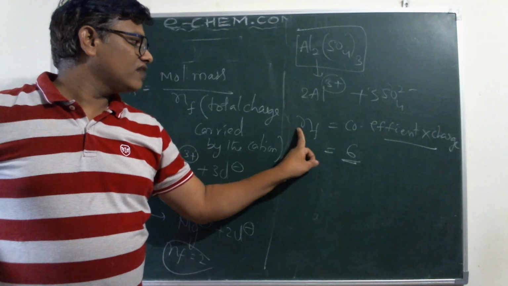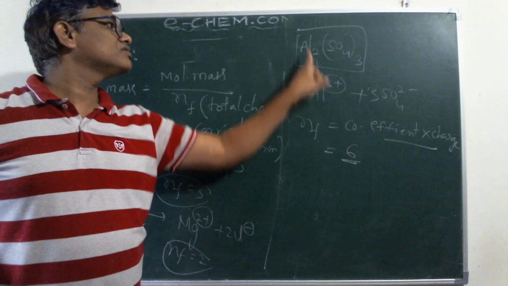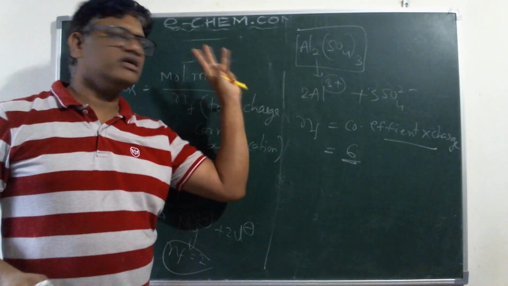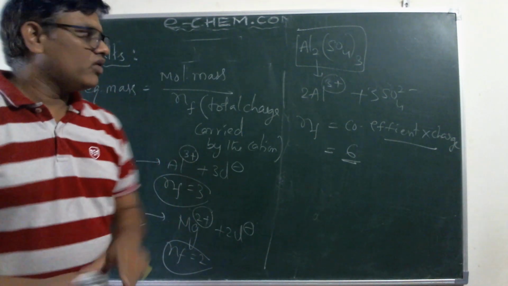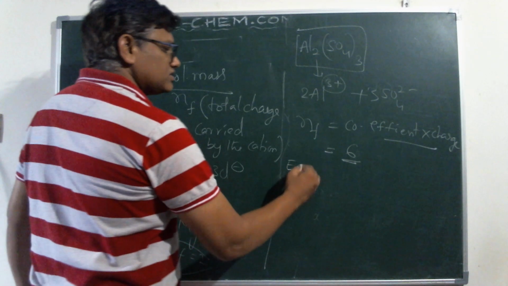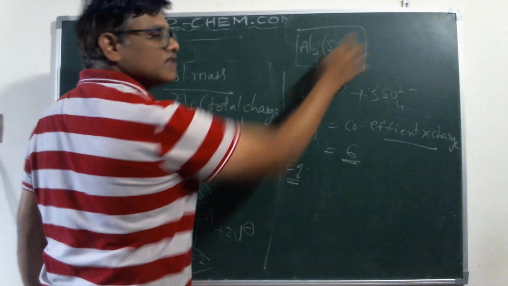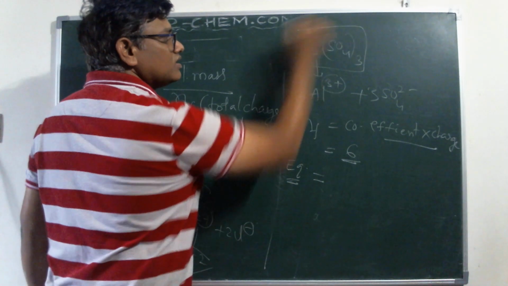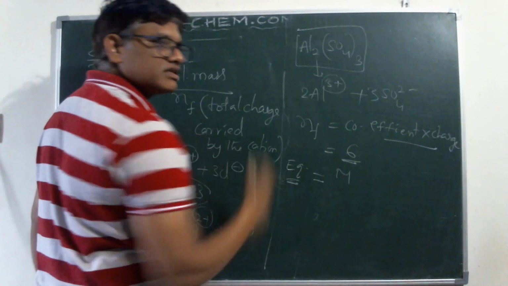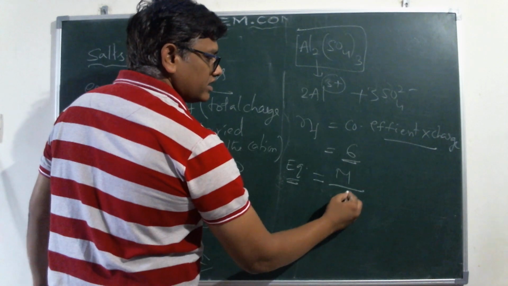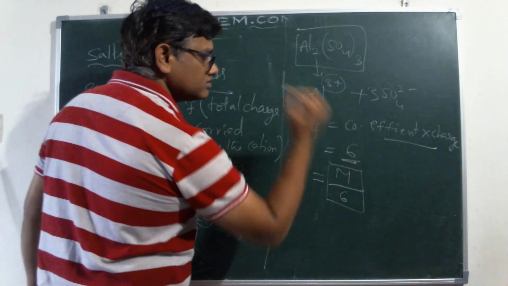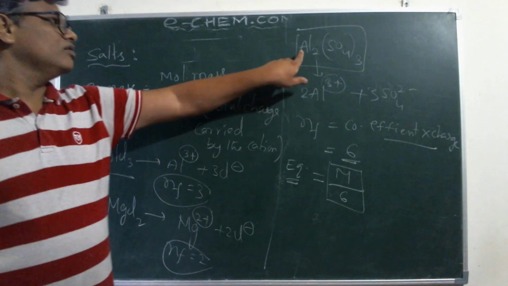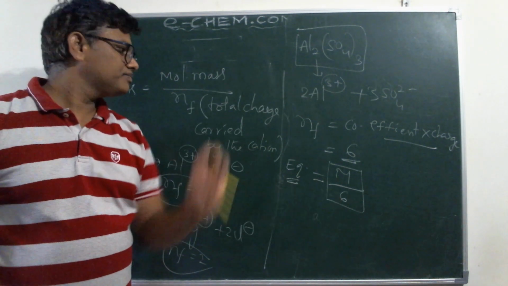So the n factor is 6 for aluminium sulfate. Likewise, any compound you take, find out the n factor. Now, the equivalent mass for aluminium sulfate is equal to the total molar mass, capital M, over its n factor of 6. This is the equivalent mass calculation for aluminium sulfate, M by 6.